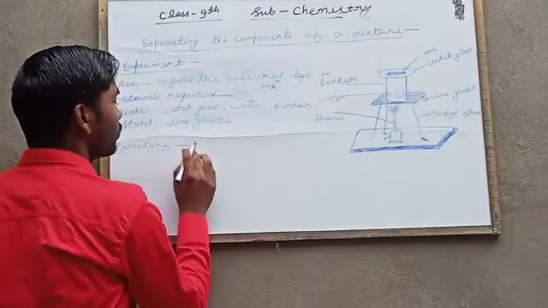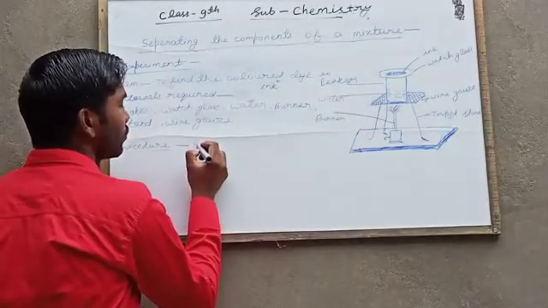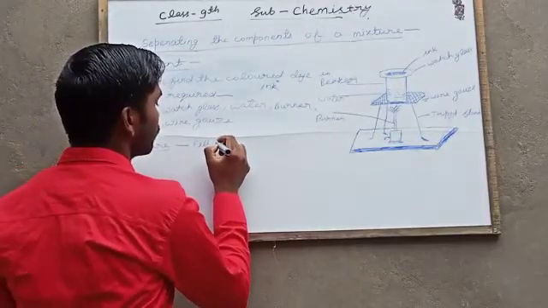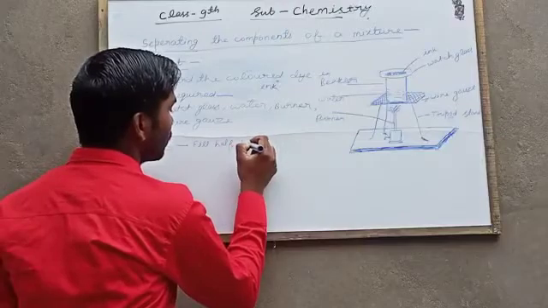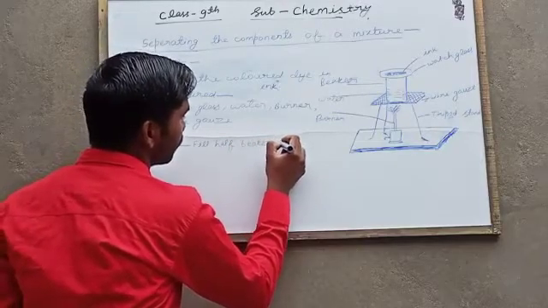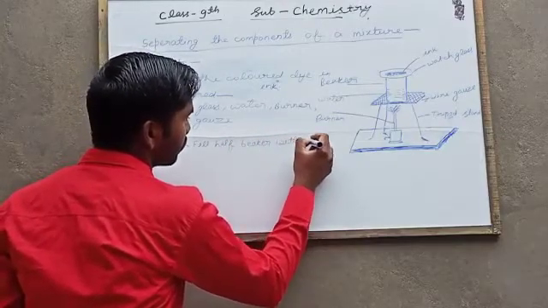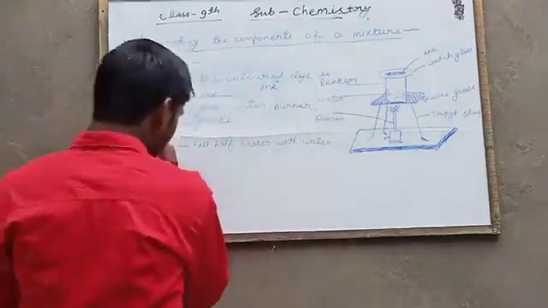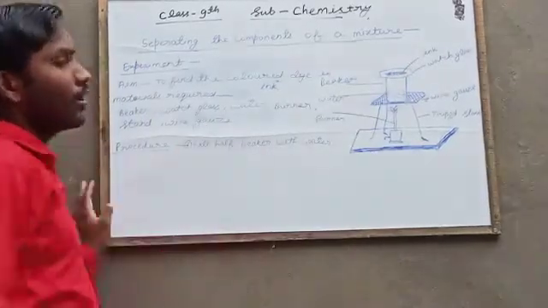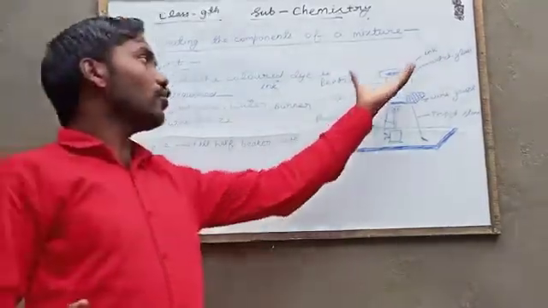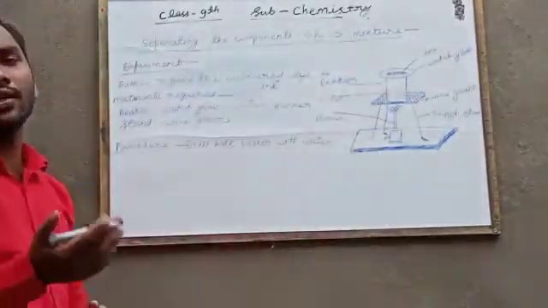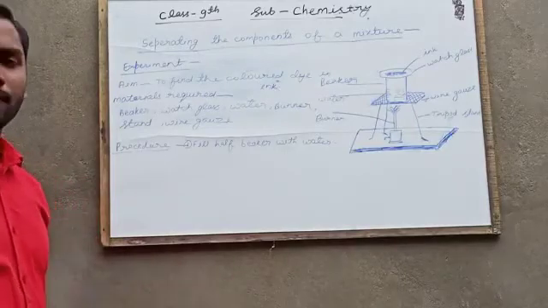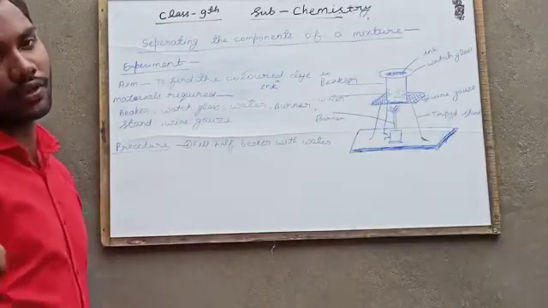In the next step, we will put a watch glass above the beaker, and in the watch glass we will put some drops of any ink, like black ink or red ink.